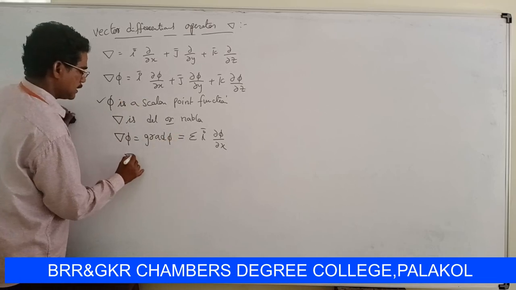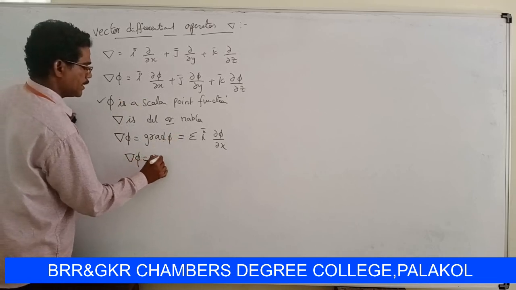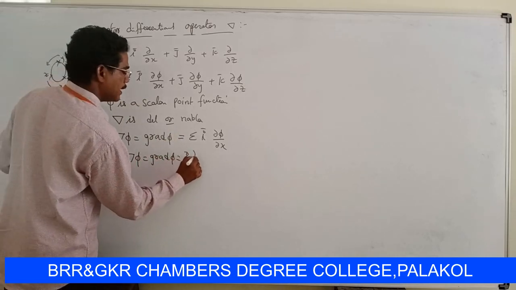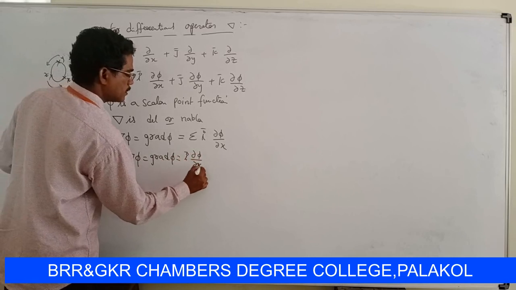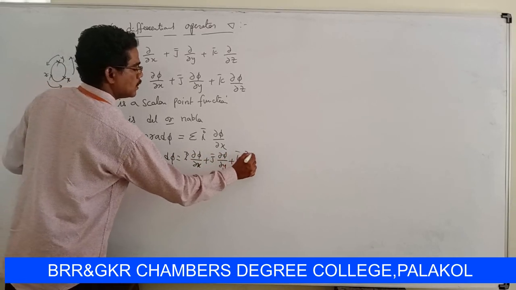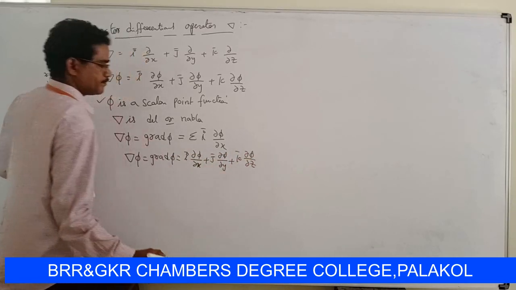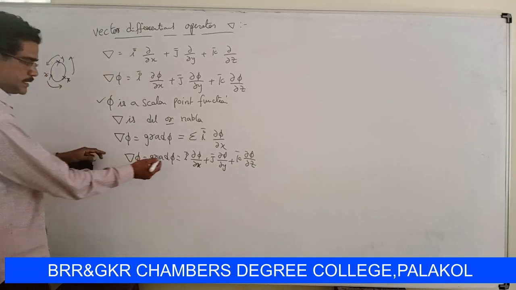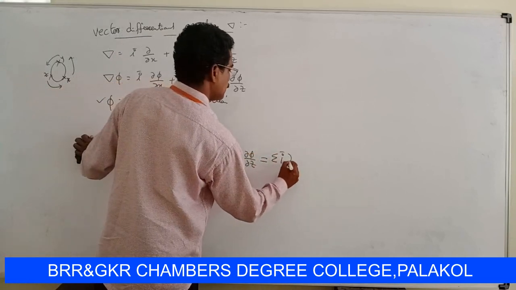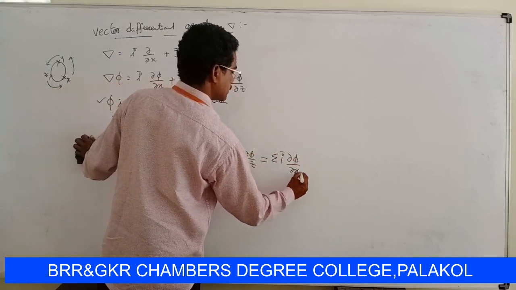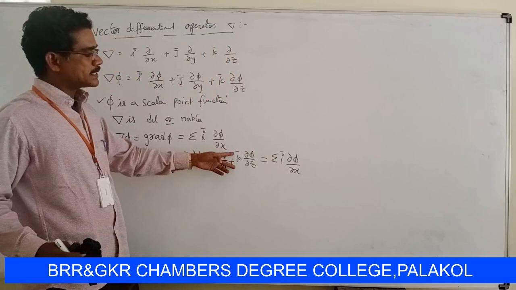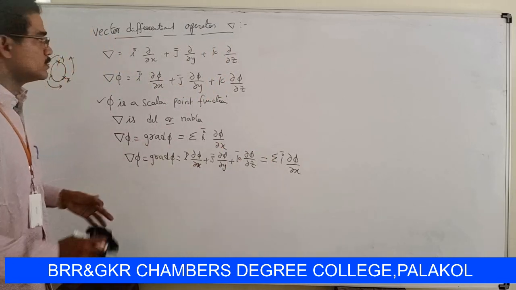So grad pi equal to del pi equal to i dou pi by dou x plus j dou pi by dou y plus k dou pi by dou z, which is simply, in the sigma rotation, sigma i dou pi by dou x. Now expanding, i dou pi by dou x plus j dou pi by dou y plus k dou pi by dou z.